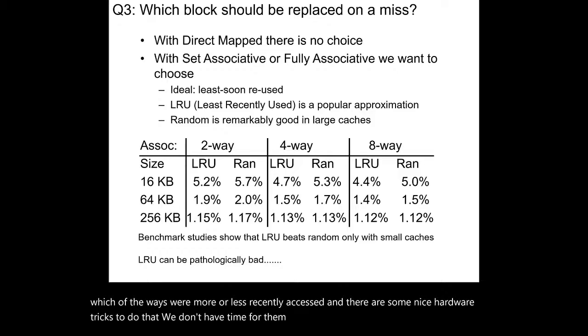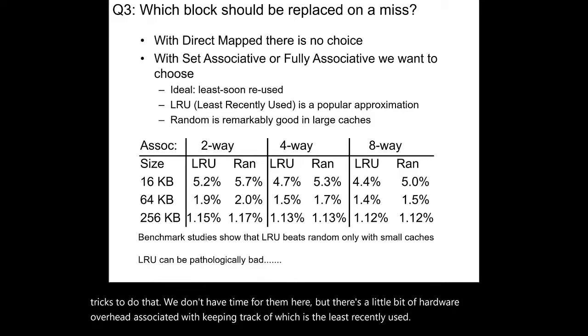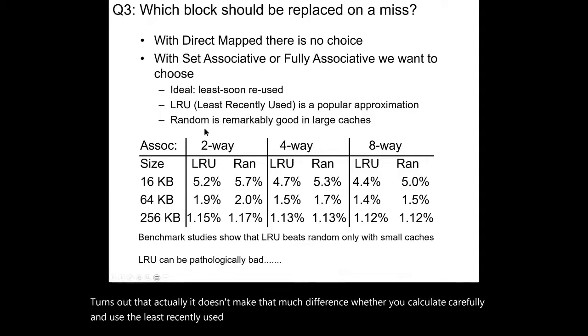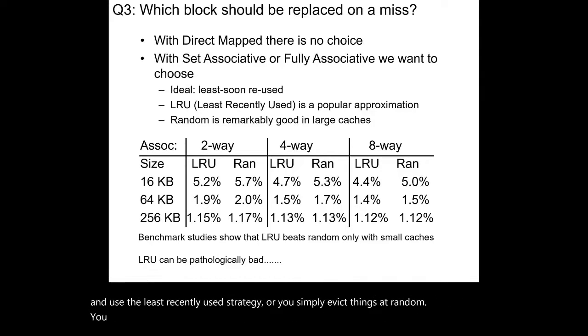But there's a little bit of hardware overhead associated with keeping track of which is the least recently used. Turns out that actually it doesn't make that much difference whether you calculate carefully and use the least recently used strategy, or you simply evict things at random. You toss a coin as to which one should be evicted.